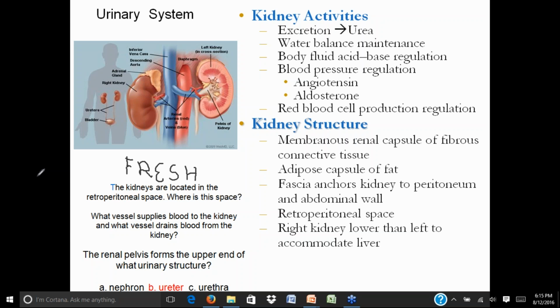And hormones. What hormones are we going to have? We have erythropoietin. You have heard about erythropoietin. Erythropoietin is a hormone secreted by the tubules of the kidney, and this is going to stimulate the red bone marrow.